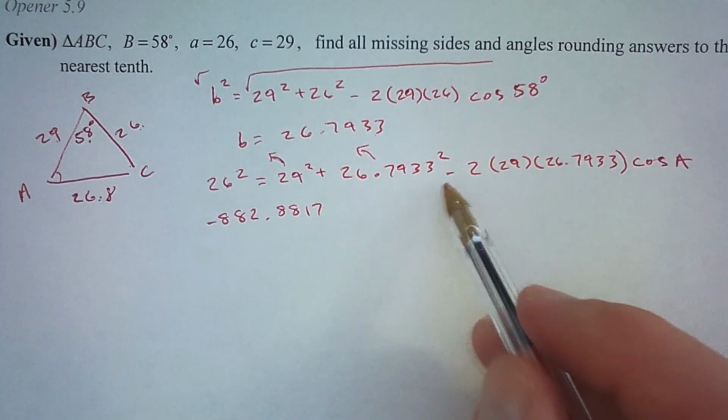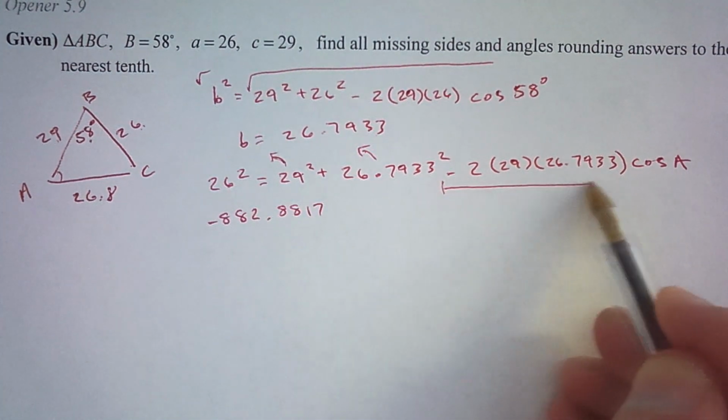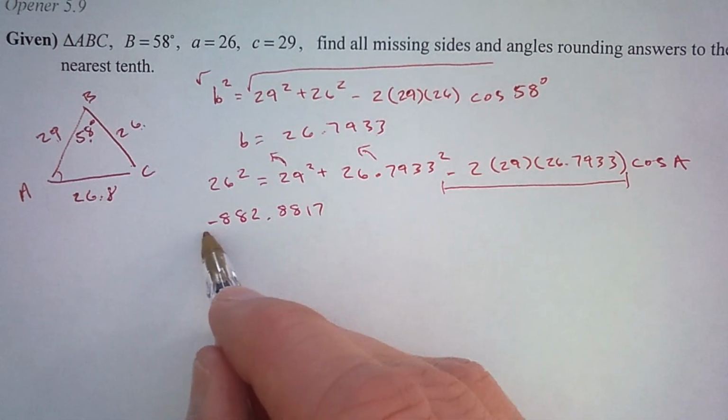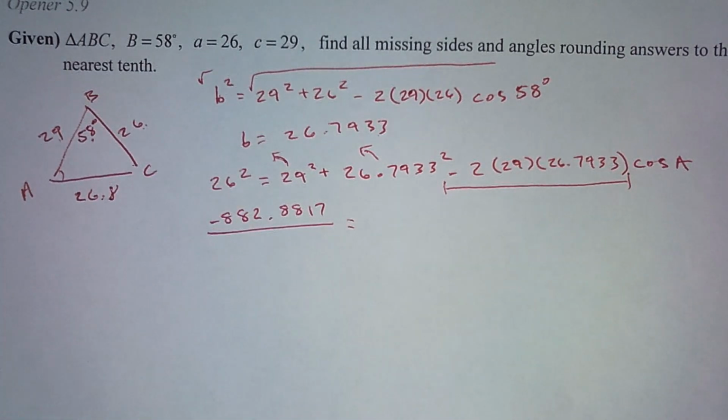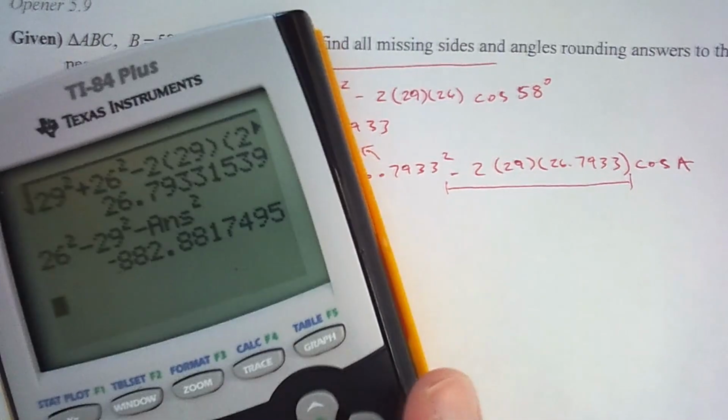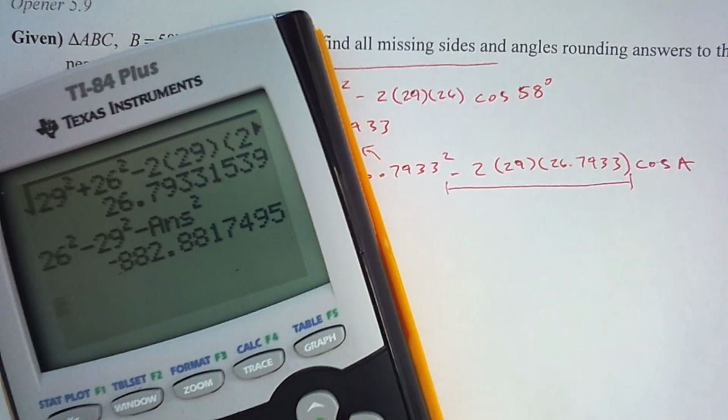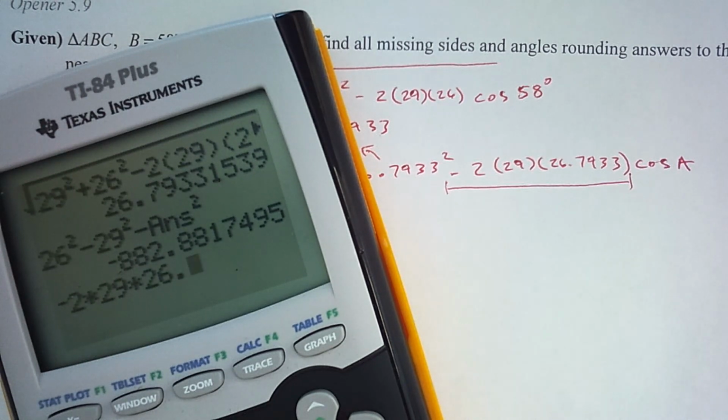Okay, then I can divide by this right here. So divided by negative 2 times 29 times 26.7933.